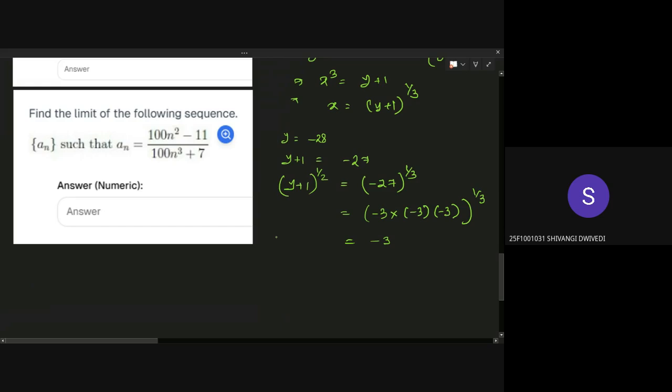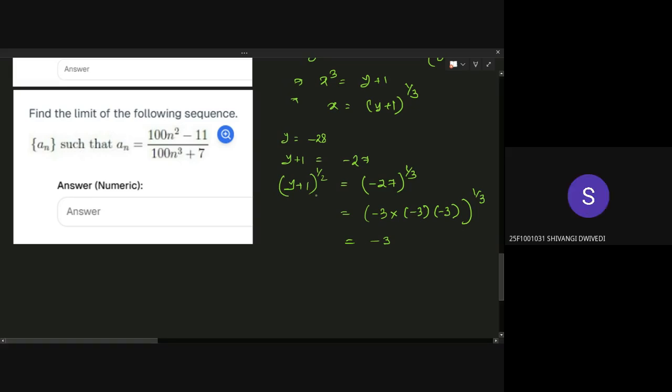If this value had been even, then I can easily say that the particular function is not defined for negative real values, because there is no number whose square gives me a negative number.